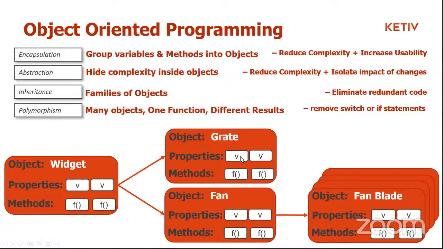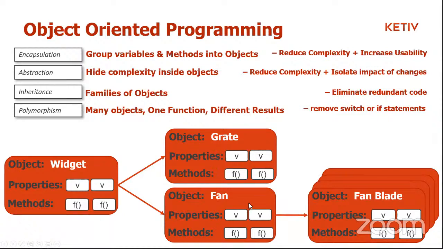And inside that class, we have variables that pertain to that class. Like the grate, you might have the diameter of the wires that are going around it, and then methods. A method might be to place it in Inventor or things like that. And we'll see that in the example.